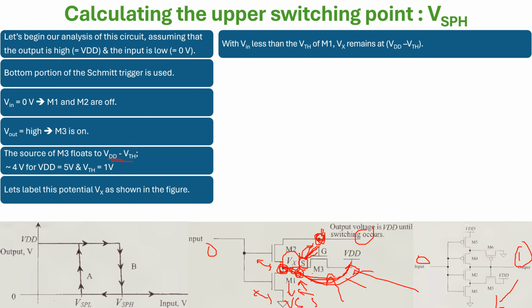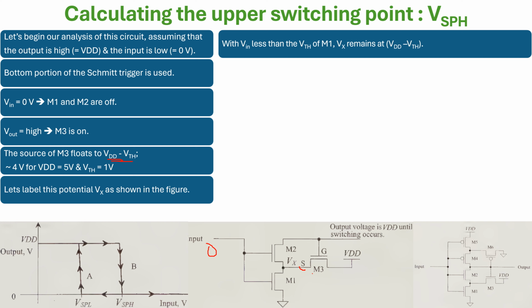Let me clean this. So with Vin less than VTH, it's clear, right?